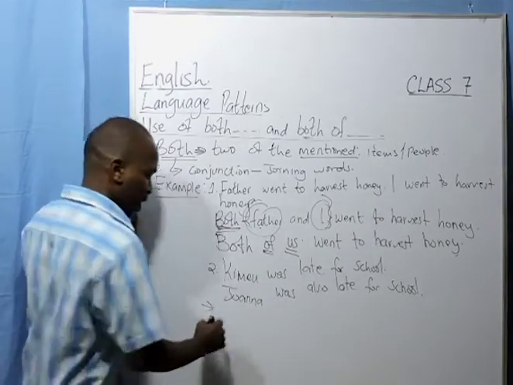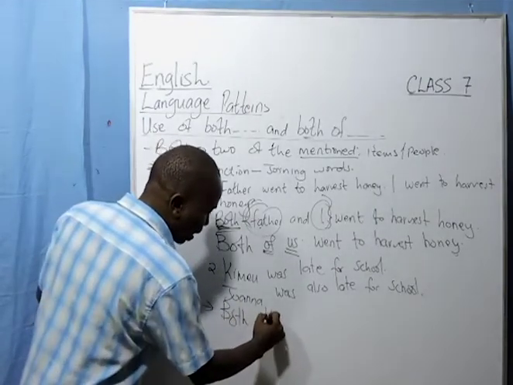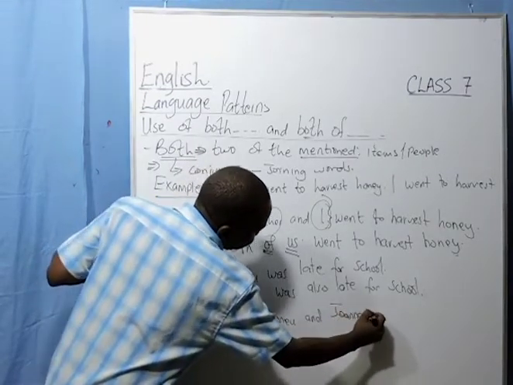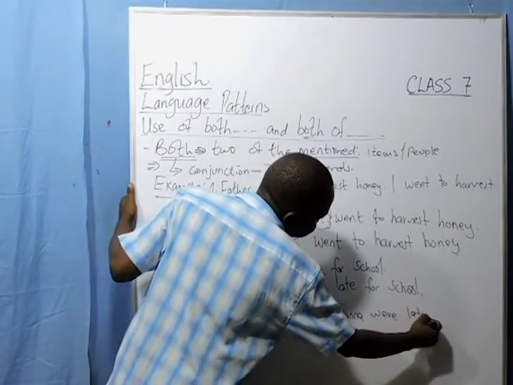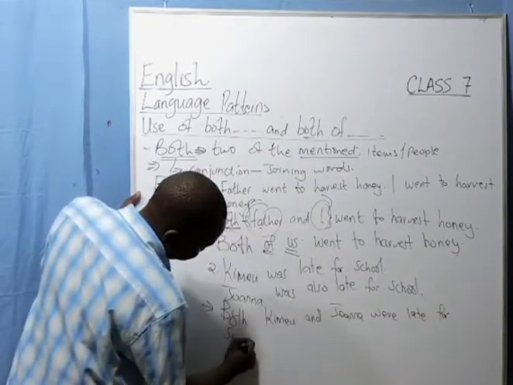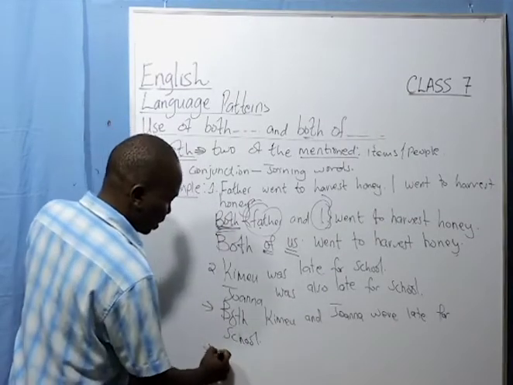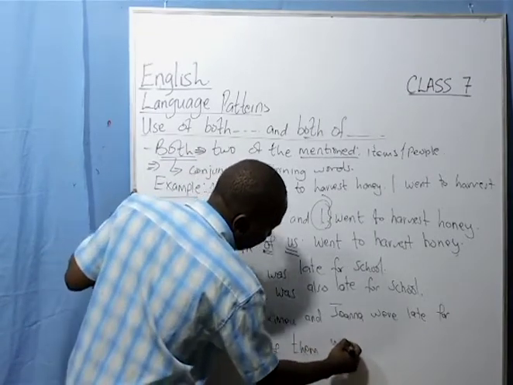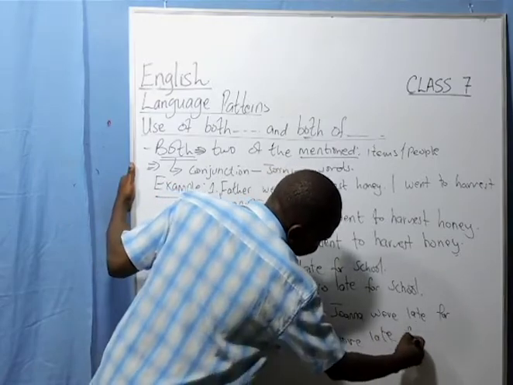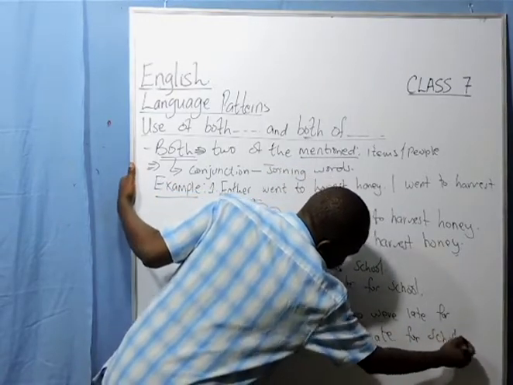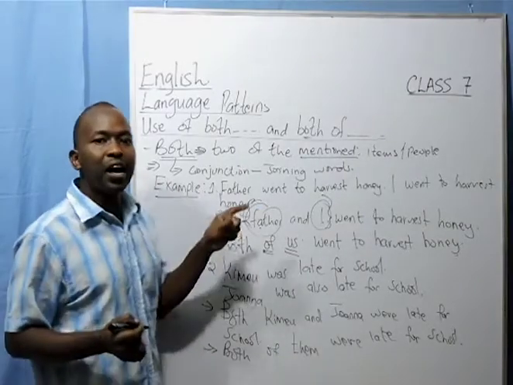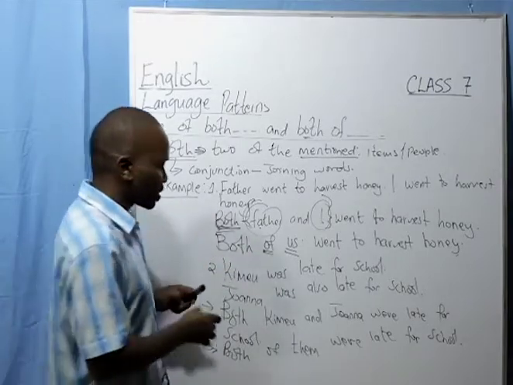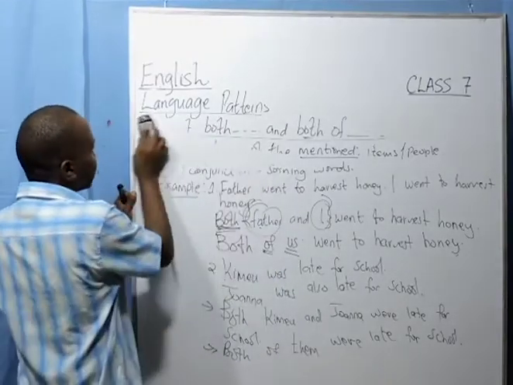One of them will be, both Kimeu and Joanna were late for school. The other one will be, both of them were late for school. So that's the way we use both and both of, and the conjunction helps us avoid repeating ourselves so much in the sentences.